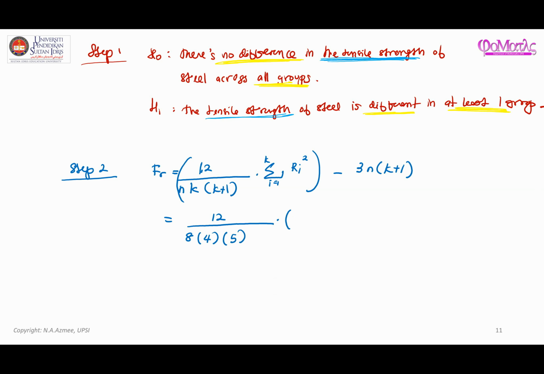Over here is 14 squared, 19 squared, 27 and 20, minus 3, 8 and 5. Put in all the values in your calculator. You should be able to get the test statistic equal to 6.45.